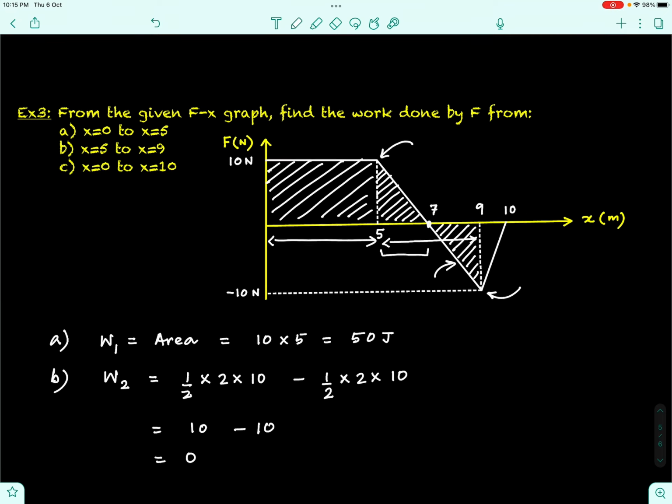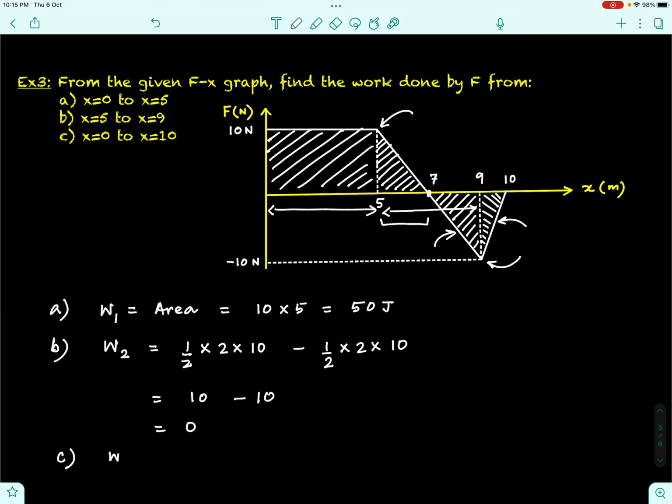If I call it W3, which is from x equals 9 to 10, this will simply be the area of the smallest triangle: half into base length, here 10 minus 9, that is 1, times the height, which is minus 10 if I take it along with the sign, and this gives us an area of 5 joules with a minus sign. The minus sign essentially tells us that the area is negative because it is below the displacement line.